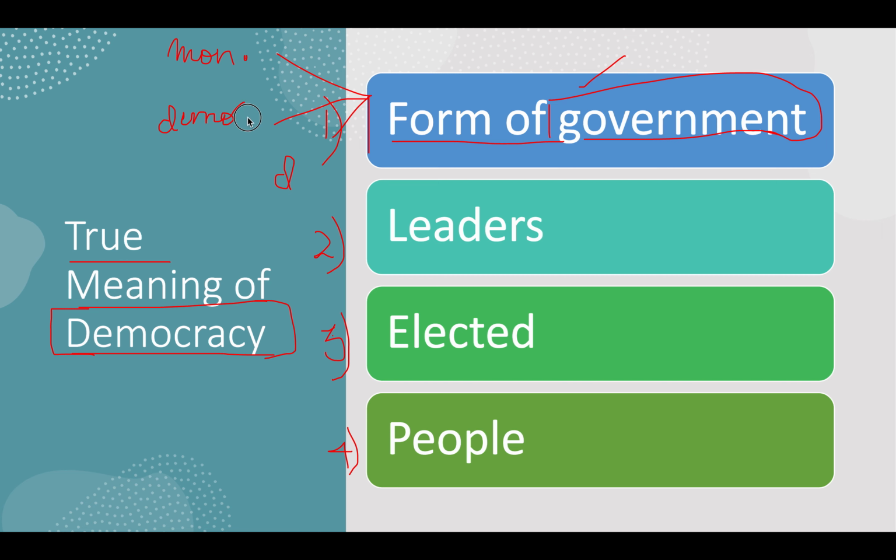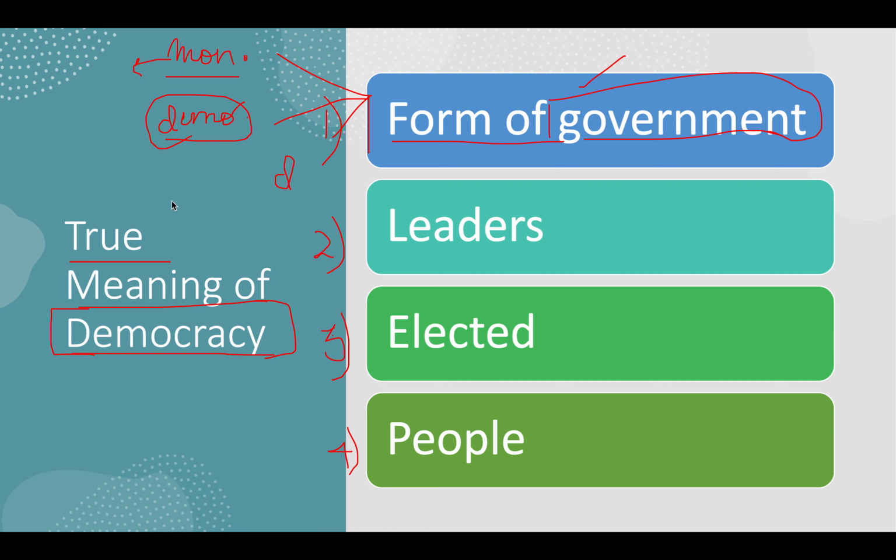Now first of all, what do I mean by monarchy? Monarchy is where the country is being governed by a particular person, or by a group of his chiefs. Whereas democracy is a form of government where there are elected representatives of the people who are actually working for the people. In monarchy, the monarch sometimes works for the welfare of the people as well, but basically takes the benefits out of the people.